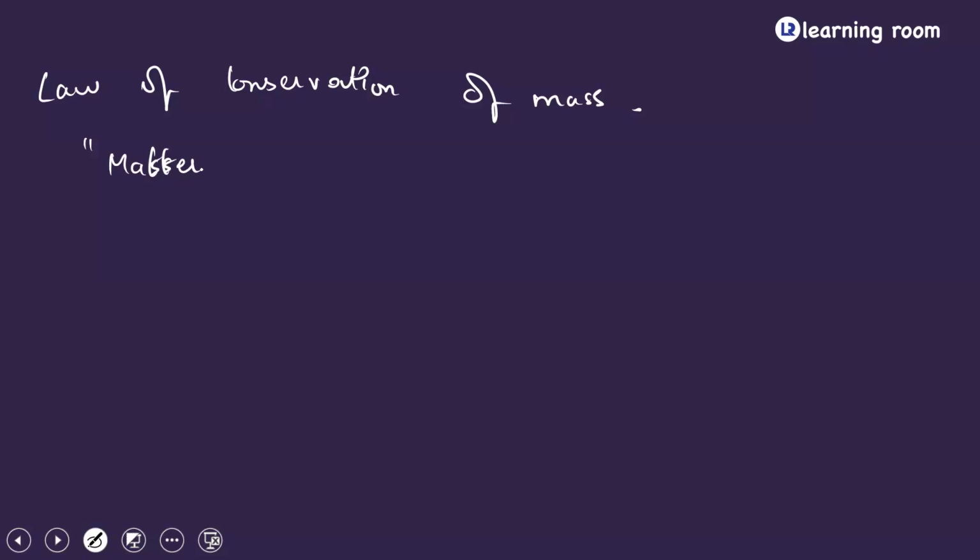If matter can neither be created nor be destroyed, then mass can also neither be created nor be destroyed. You can write either way: mass can neither be created nor be destroyed, or matter can neither be created nor be destroyed. That is the law. What do you mean by this?